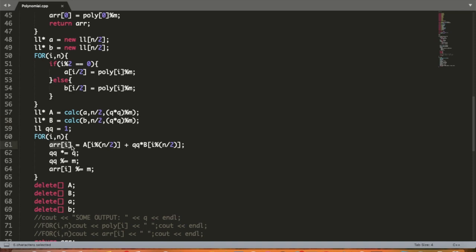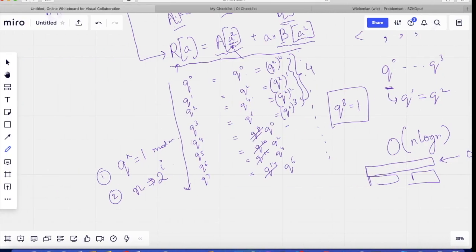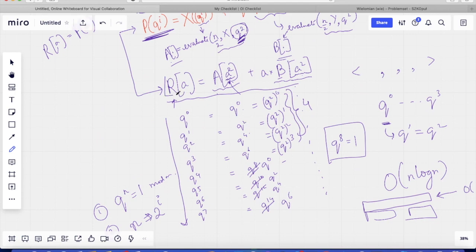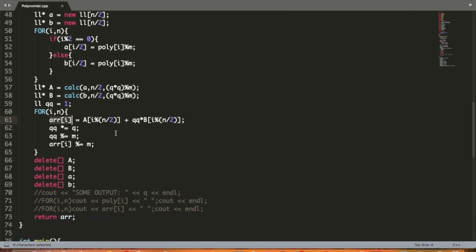ARR is basically the return array that contains all the actual evaluated values. We again calculate this using our normal method, how we had shown previously, essentially this formula right here. And then just to save memory, we delete all the redundant arrays and then we just return ARR. Otherwise you will get a memory limit exceeded.